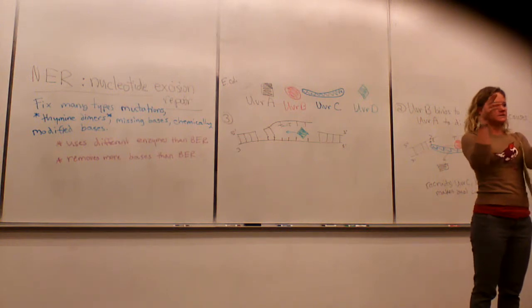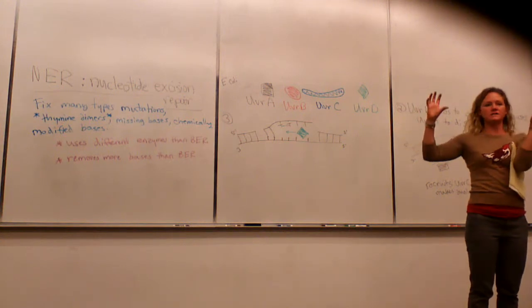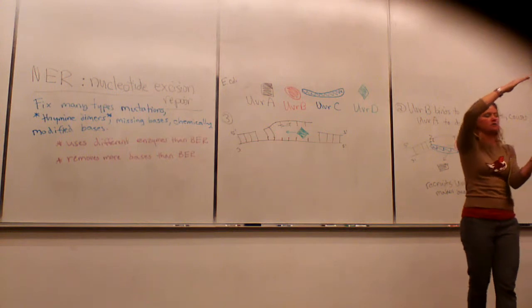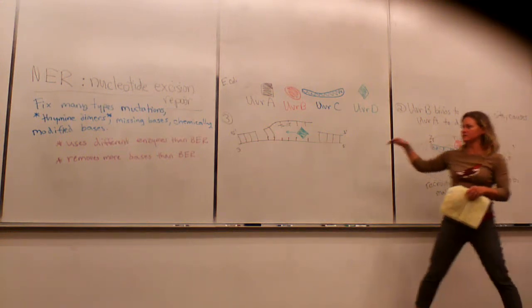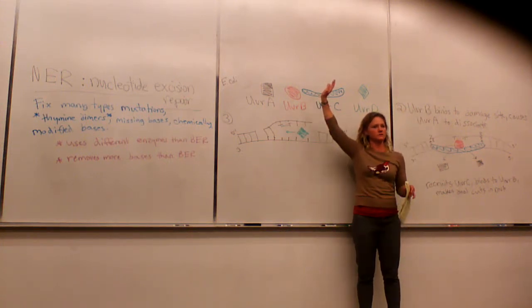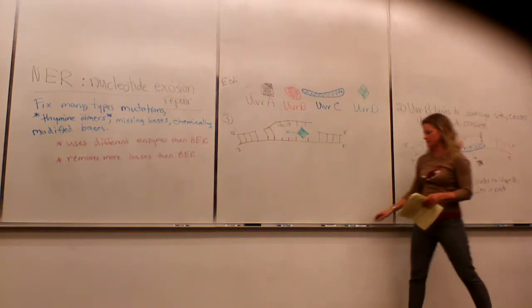So C's just making a nick, and then there's still hydrogen bonding. That ladder kind of structure is still there. So UVRD, the helicase, comes in, opens up the helix, same way a normal helicase works. Only in this case, once it opens it up, this little strand can be totally disassociated. So you have just a fragment left.